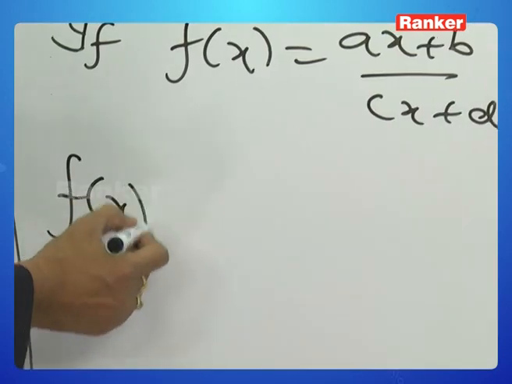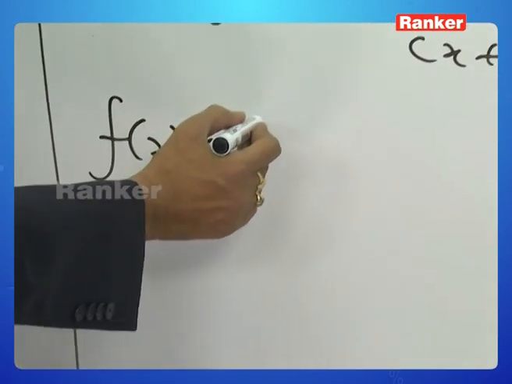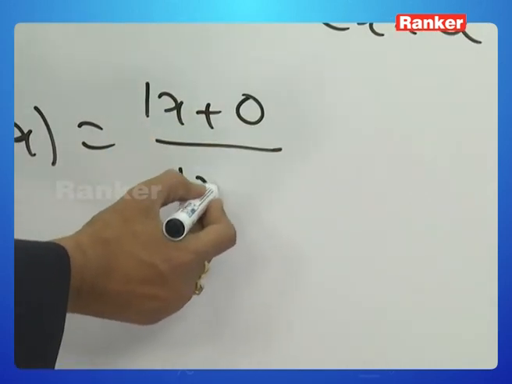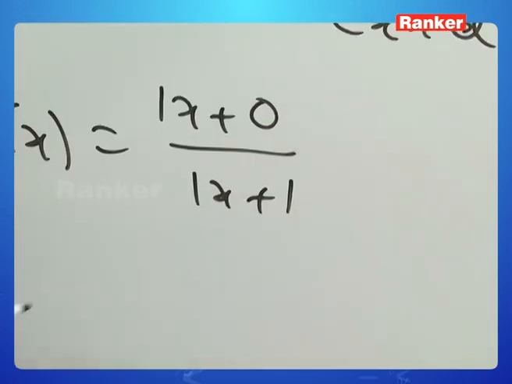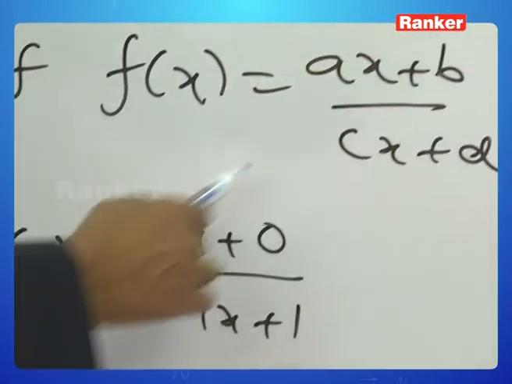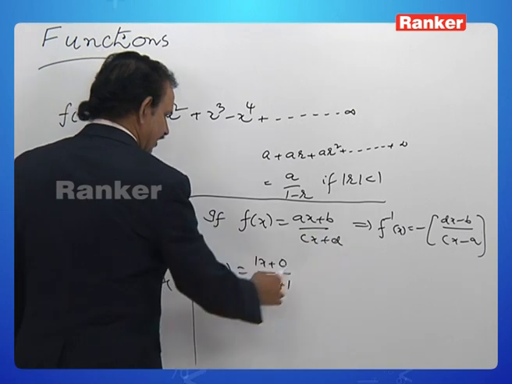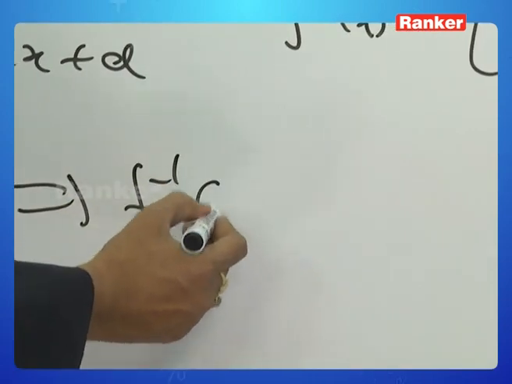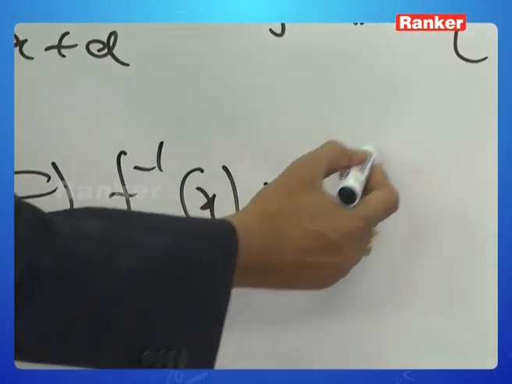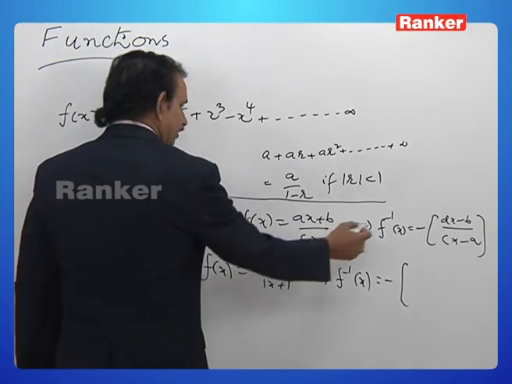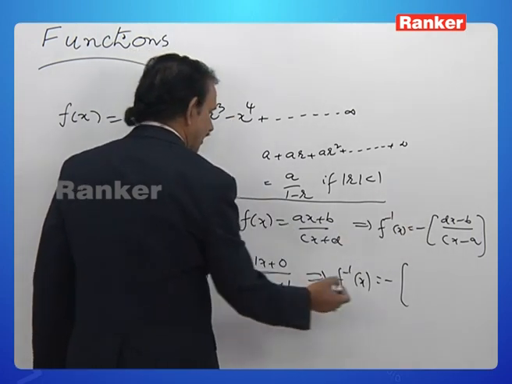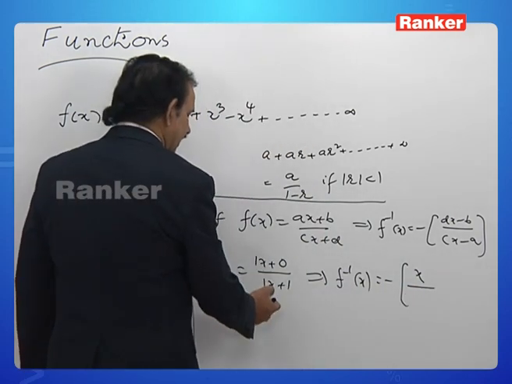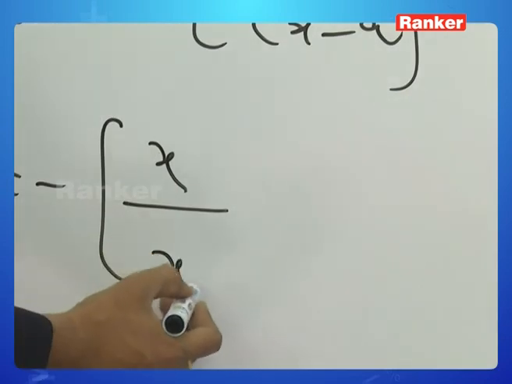Here f of x is equal to x by 1 plus x, that means 1x plus 0 by 1x plus 1. In this format, in the place of a and b we have 1 and 0. In the place of c and d we have 1 and 1. So, by tracing this, f inverse of x is equal to minus of dx minus b, that is 1x minus 0, which is x, by cx minus a, that is x minus 1.